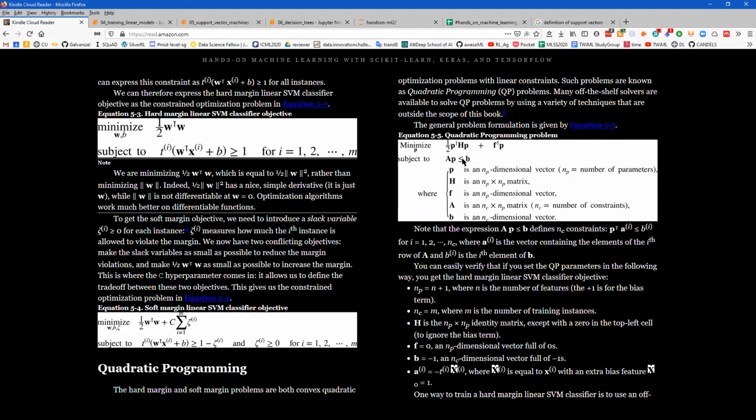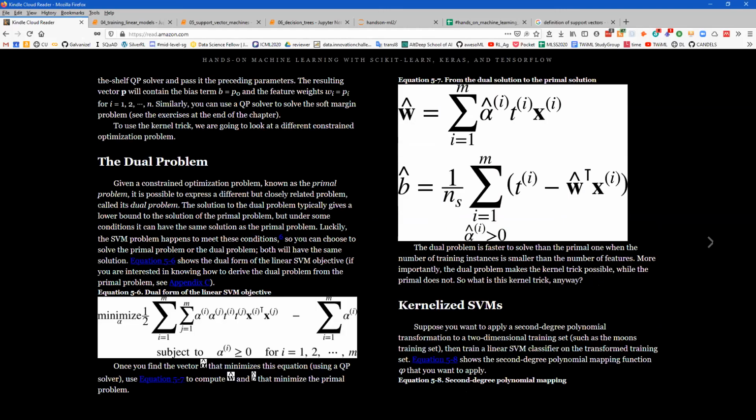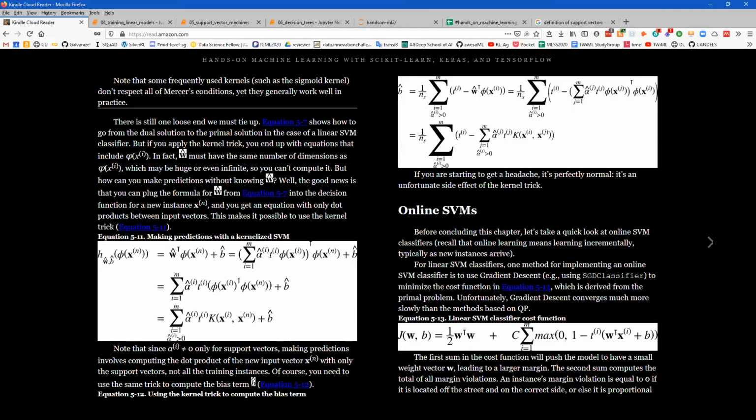I guess there's a page where it shows how the loss function looks. I want to navigate to that. Online SVM. So here's what the loss function looks like.